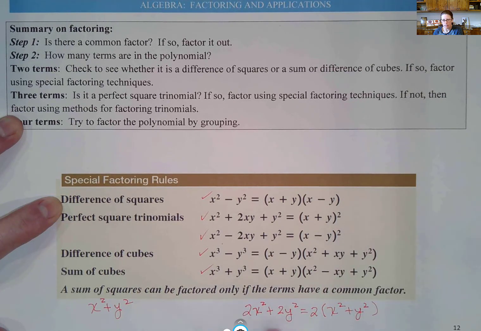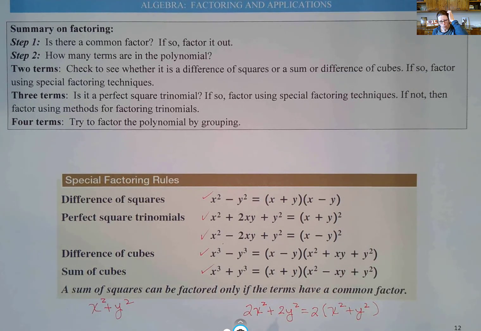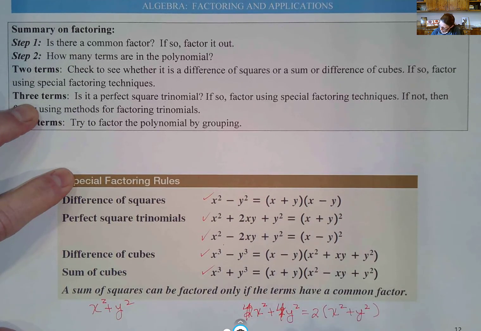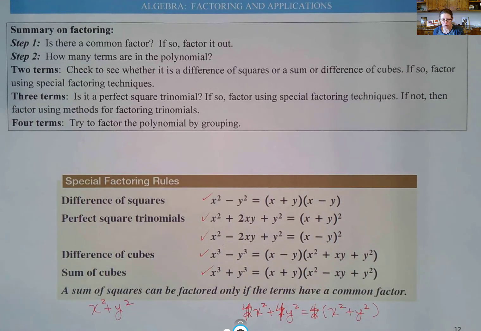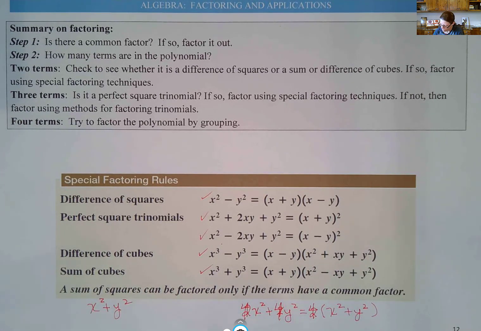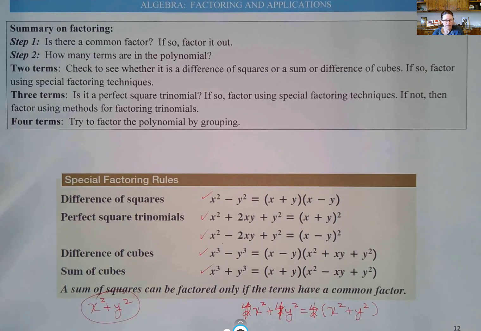Actually, I probably should use 4s there, because 4x squared would actually be a perfect square, wouldn't it? So if we use 4s, then we can factor out a 4. But in general, something that fits that form of a sum of squares is not factorable.